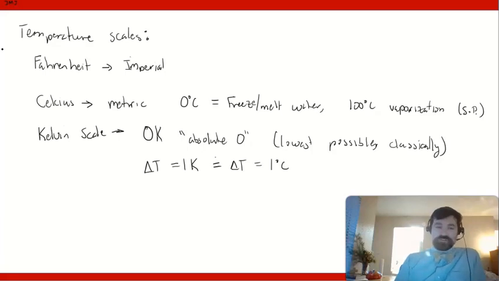Okay, so let's look at conversion factors. First of all, the Kelvin scale, how did we find absolute 0? Basically by taking, and you can do this if you have the right equipment, a sealed gas chamber and plotting temperature versus pressure on this gas chamber.